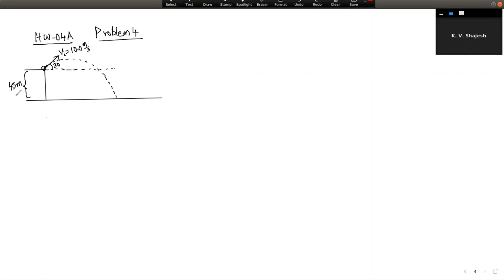And we are asked to calculate how long it takes for the ball to reach the ground. So again, let's collect the quantities given to us. In the x direction, we have delta x, delta t, and v initial in the x direction. Let me also write down the y.